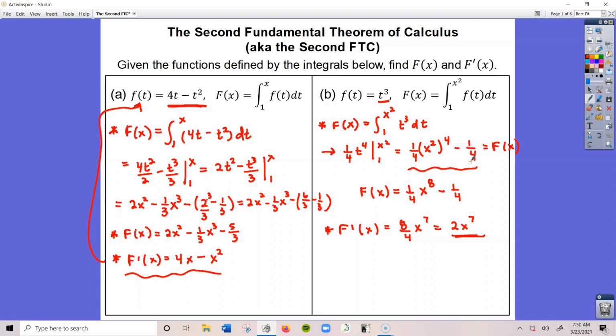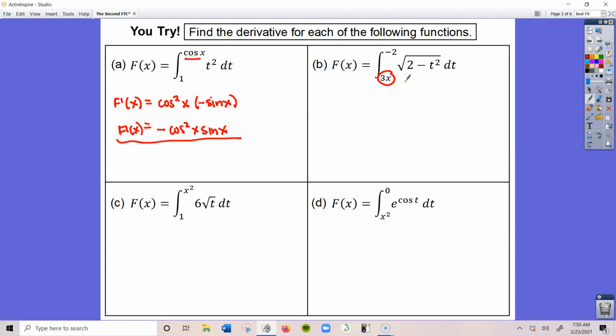But now it's going to be the other way around. It's going to be the constant minus the function. So if your limit of integration that has the function is in the bottom, then your answer for f prime is going to be negative, because instead of having the function minus the constant, it's the constant minus the function. So we have to take into account that there would be a negative there.